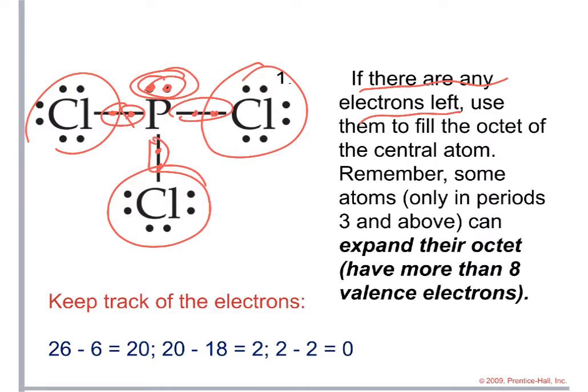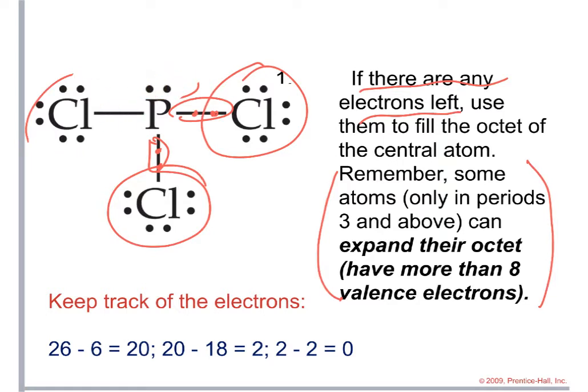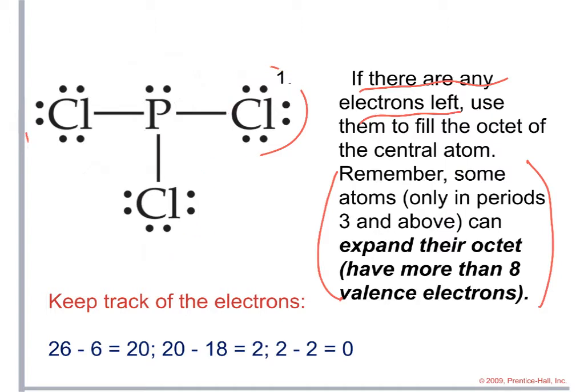Now, it gets a bit more complicated, so I want you to make a note of the last part of what I have written on this PowerPoint, and that is that there are some elements that are capable of and readily do expand their octet, which means rather than stopping when it has 8 valence electrons around it, there are some that will hold 10, 12, and even 14 valence electrons.